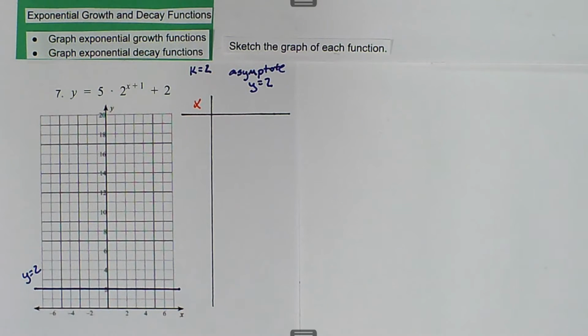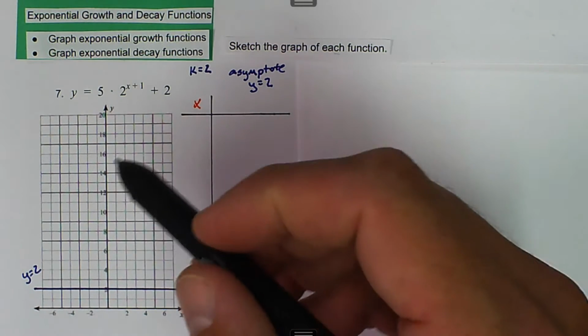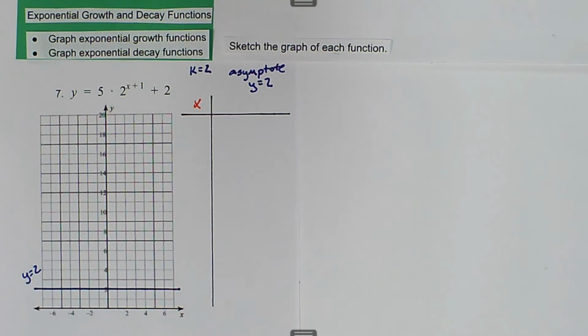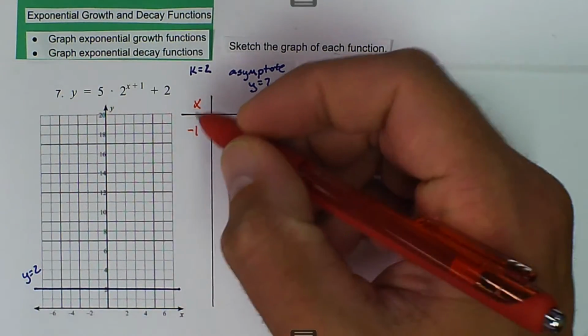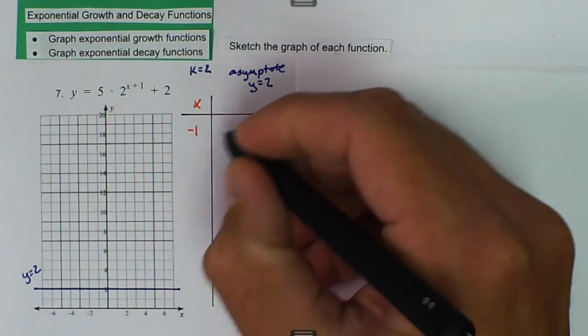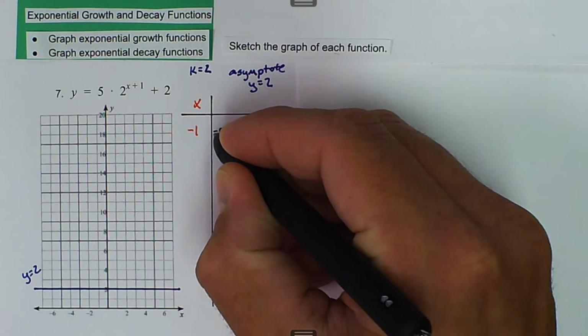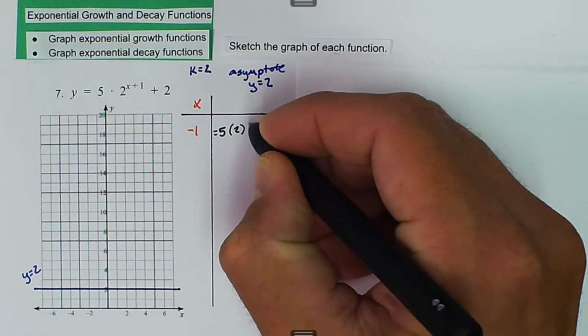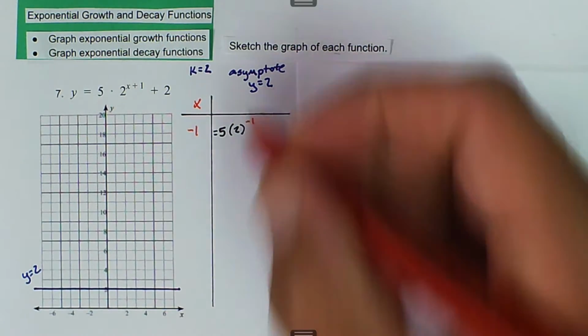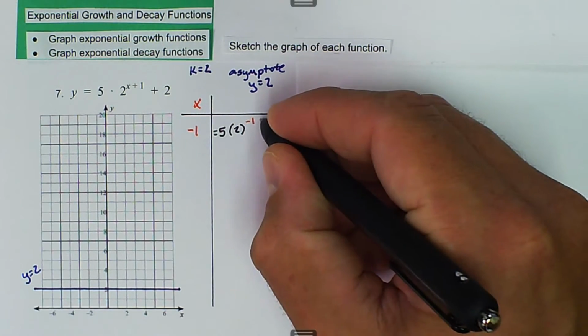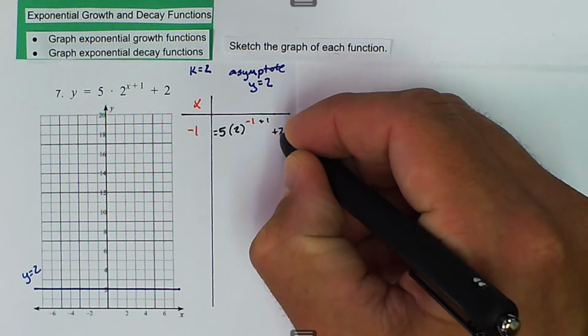So first one, we want to try to get our exponent to 0. And so we have a positive 1 in the exponent right now, so what we have to substitute in is a negative 1. So then we get 5 times 2 raised to the negative 1 plus 1, all in the exponent, and then plus 2.